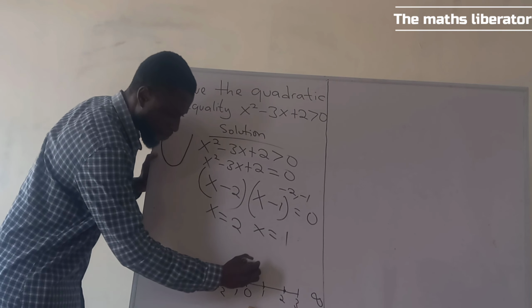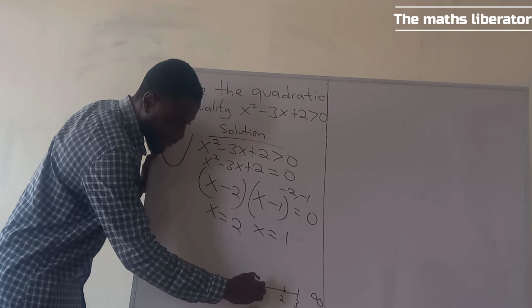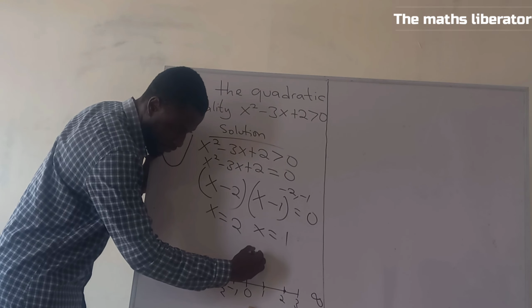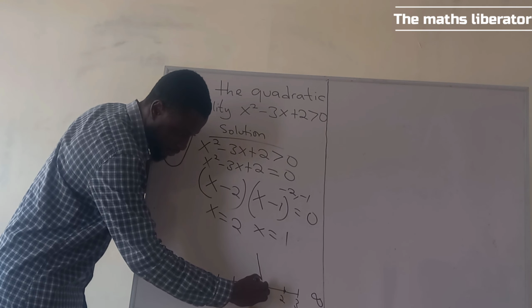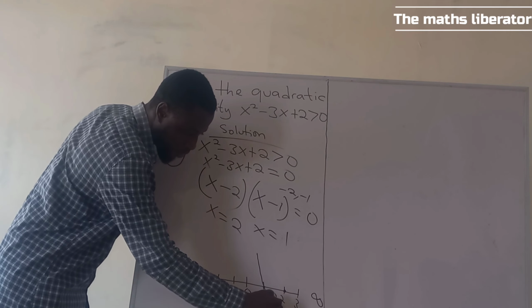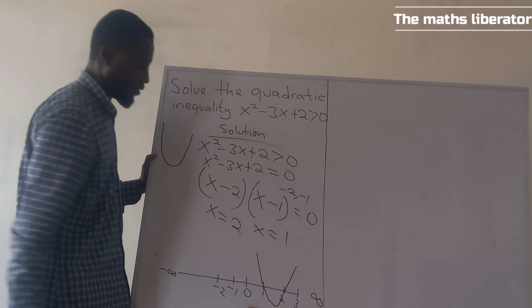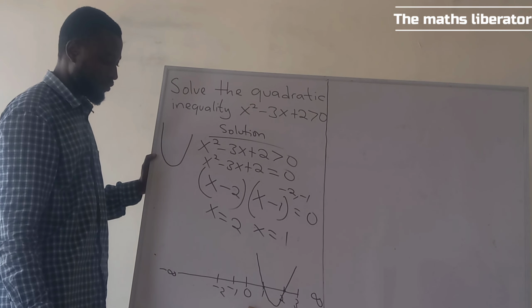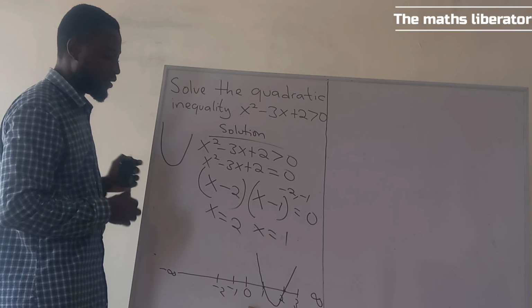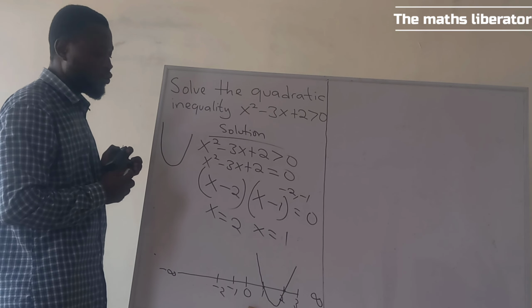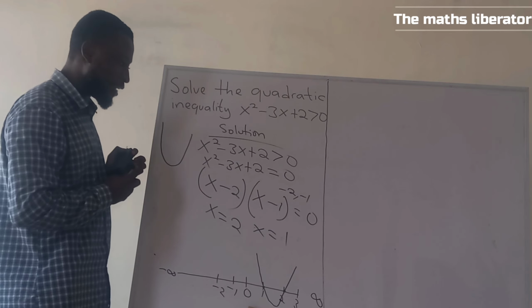You are going to draw the shape starting from the point 1. So you draw the shape: down, then open up. Good.